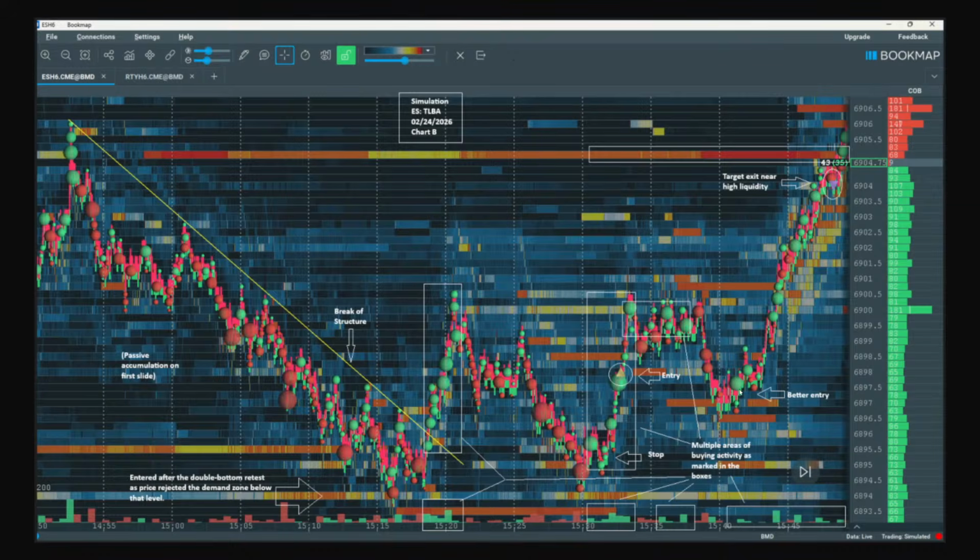Just back it up and replay it again. Try to get 5, 6, 7, 8 replays out of that one file, and look at the details. If you start scaling, you're not going to see those details. So just all in, all out, and work on your entries, your exits, and trailing your stop.